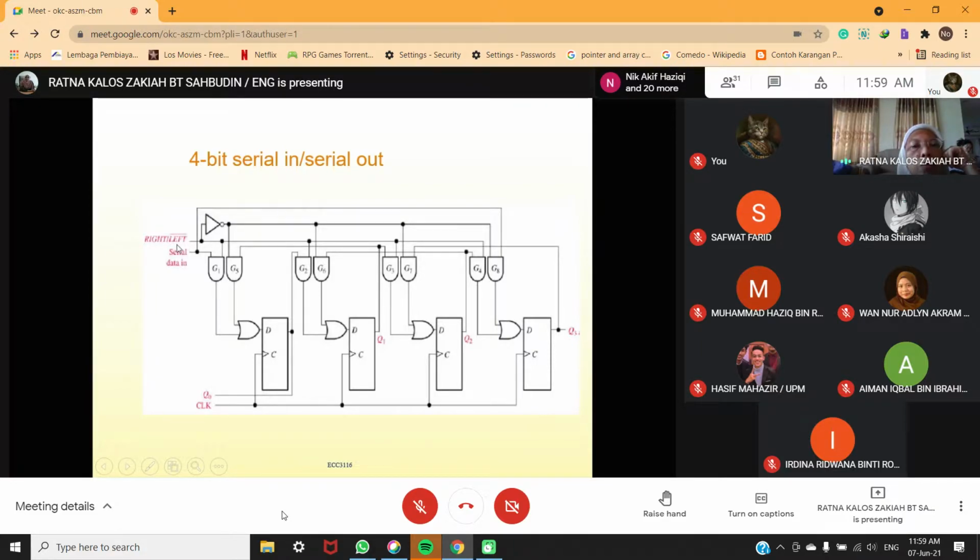When it is low, shift to the left. Serial data in goes in here, then goes to the next flip-flop, then to Q2, and then to Q3. So your output is taken at Q3. Look at the clock also. There is no bubble, so this is active high.